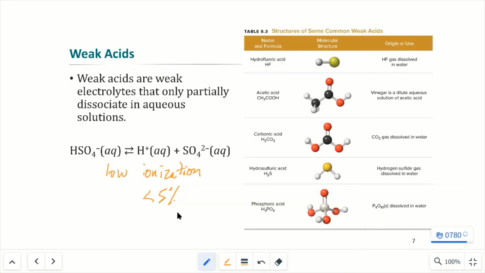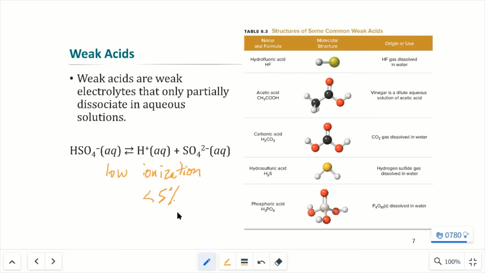Strong acids, 100%. Every molecule turned into 2 ions. Lots of ions present, high conductivity. Weak acids, we get low ionization, somewhere right around 5% or less ionization. Now, some of that depends upon the concentration as well. It can fluctuate a little bit. But if you can imagine, for every 100 molecules, only 5 of them actually break apart.